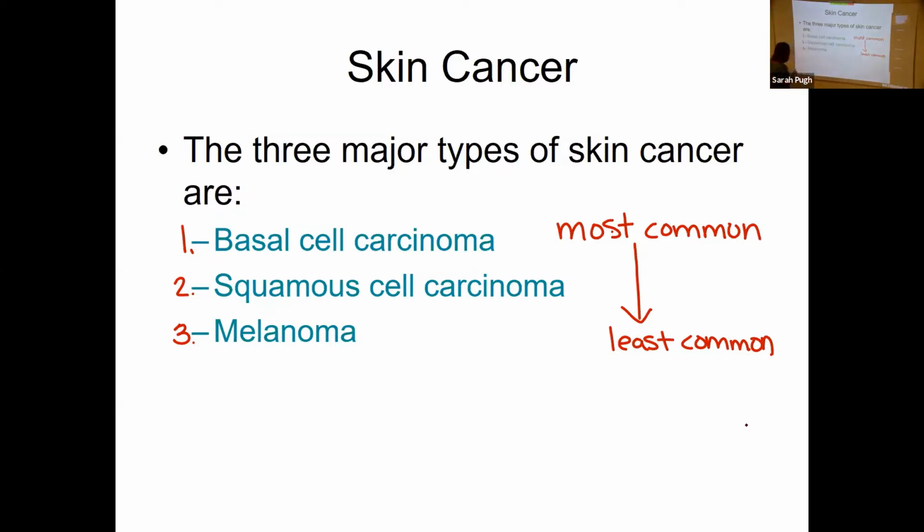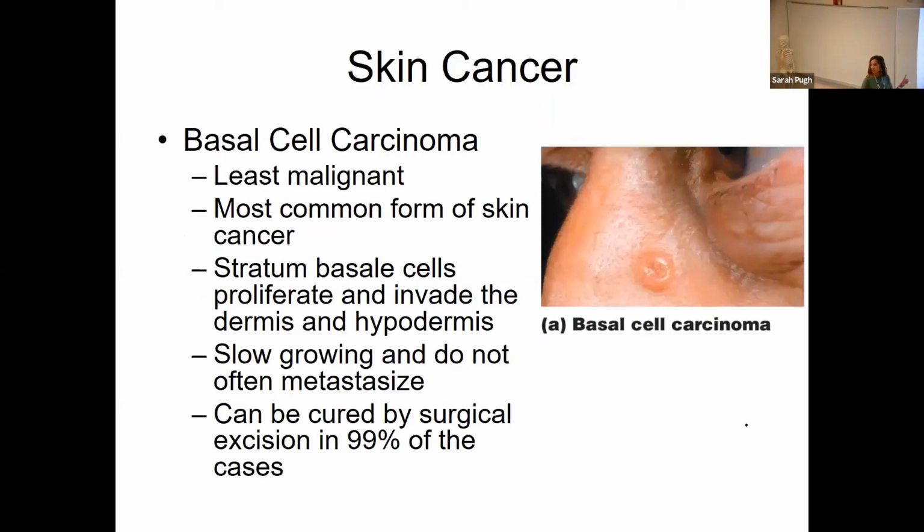Okay, so let's go through each of these. So we'll start with our basal cell carcinoma. Again, this is one that does not metastasize very quickly, so it doesn't spread very fast. And it is the most common form of skin cancer that we have.